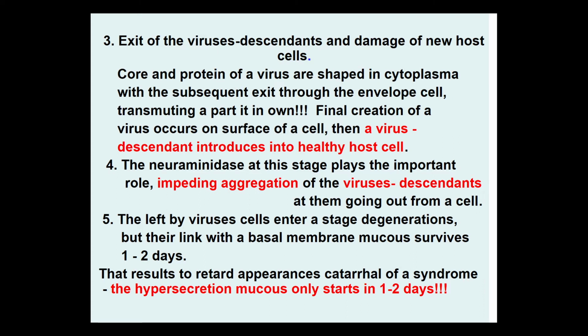Neuraminidase at this stage plays an important role in preventing aggregation of the virus descendants and helping them go out from the cell. The cell left by the virus enters a stage of degeneration, but its link with the basal membrane survives 1 to 2 days. That results in restart of the catarrhal syndrome. Hypersecretion of mucus only starts on the second day.